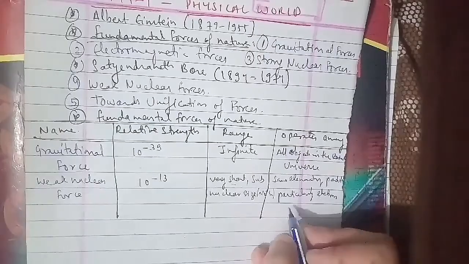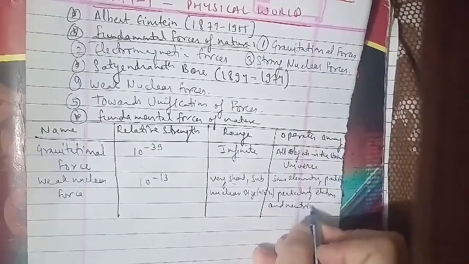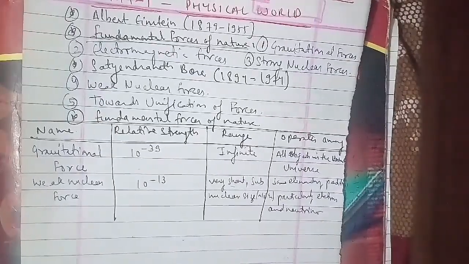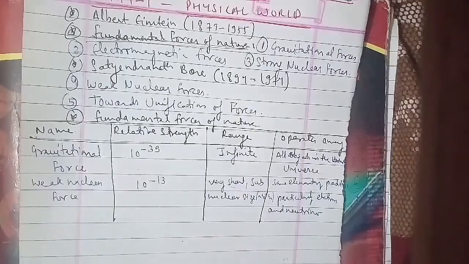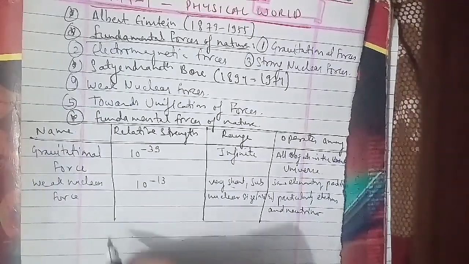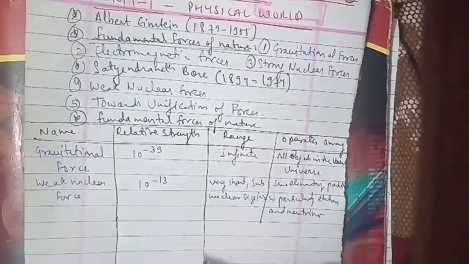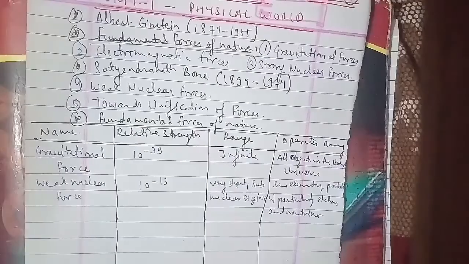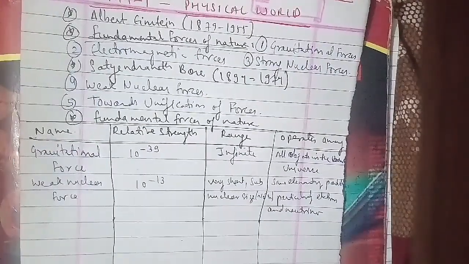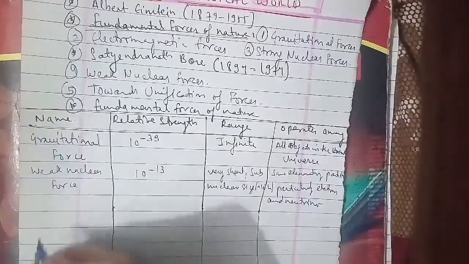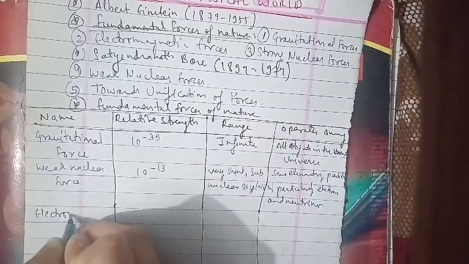Its relative strength is 1, the range is short, nuclear size, about 10 to the power minus 15 meter. It operates among nucleons and heavier elementary particles. Now we talk about the nature of physical laws.